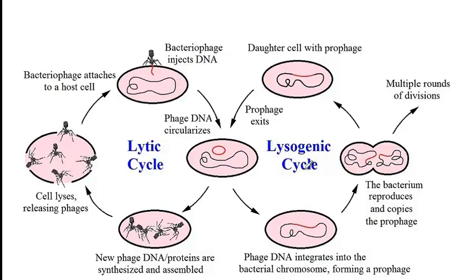Versus it could exist in the lysogenic cycle, where the DNA will incorporate into the bacterial genome and it stays there dormant for a few generations until eventually it decides to come out and then starts infecting the cells again. So therefore, the bacteriophage replication cycle can exist as either lysogenic or lytic phase.